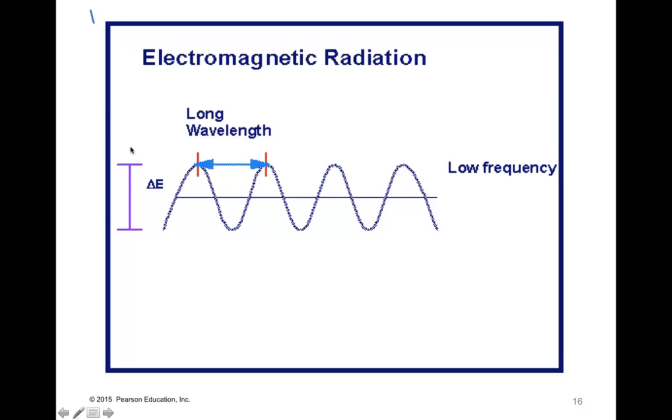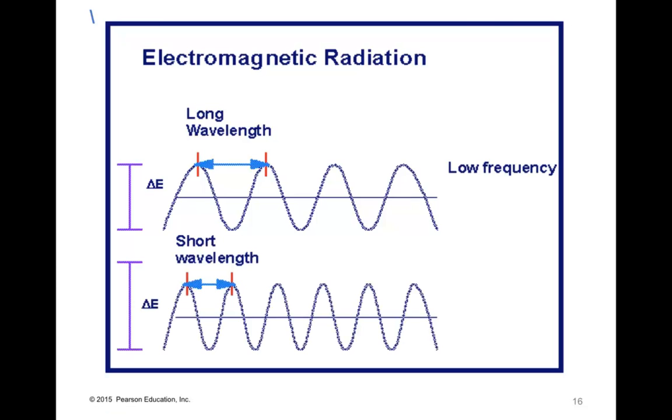From crest to crest, as we mentioned before, you have a cycle. So we can see that we have 1, 2, and 3 cycles basically in 1 second. Or we can count also from this point to this point: we have 1, 2, and 3.5 cycles. So for this long wavelength, we have 3.5 cycles.